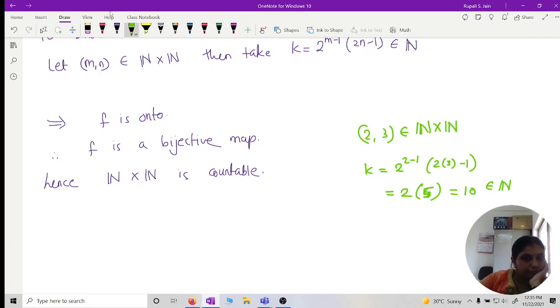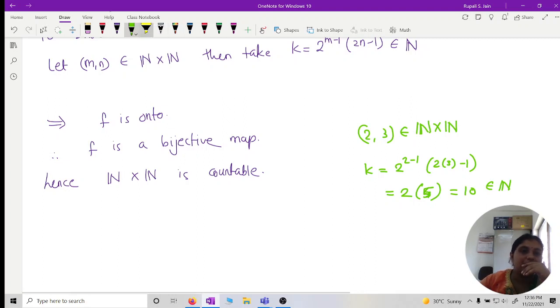Yes, ma'am. Are you getting this? Onto means what? For every element in the codomain, you should have a pre-image in the domain. The domain is the set of natural numbers.